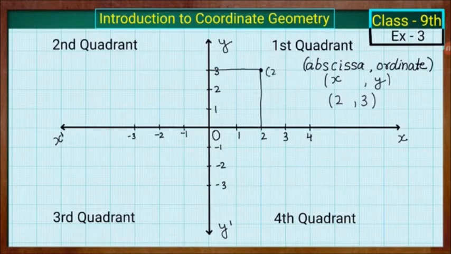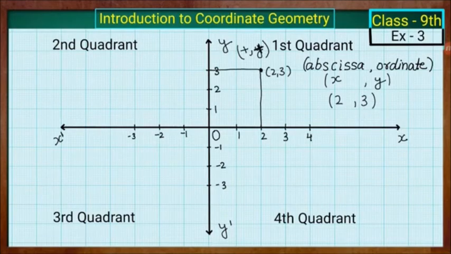This point is in the first quadrant, with abscissa x as 2 and ordinate y as 3. The first quadrant is the positive quadrant, since there is no negative sign.